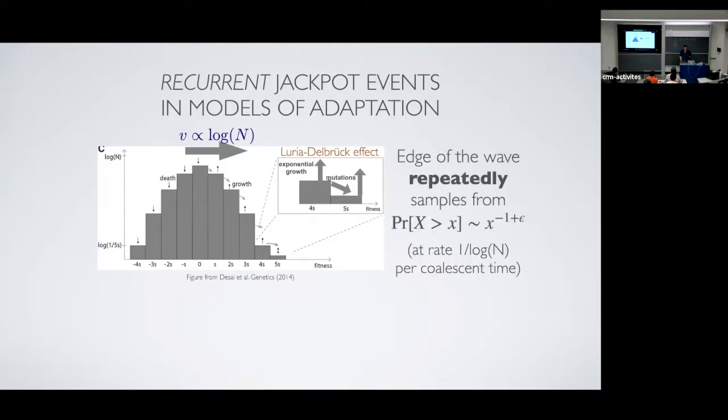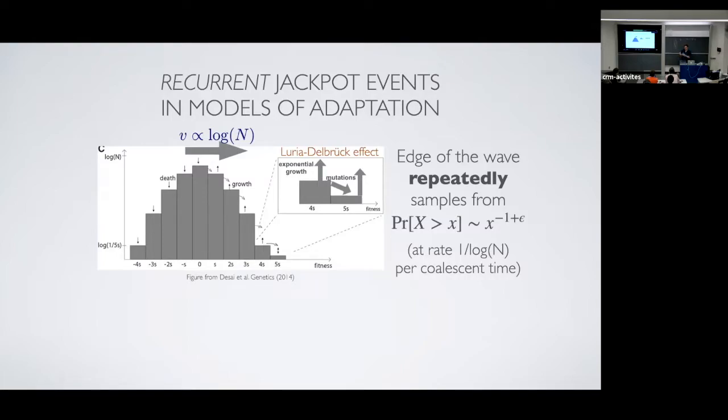But still, at the edge of the wave, as you create the foremost bin in this traveling wave, you repeatedly sample from this very broad distribution, where the exponent has a correction of order 1 over log n. And you sample from this distribution at a rather high rate, 1 over log n. So in one coalescence time, you have many such resampling events.